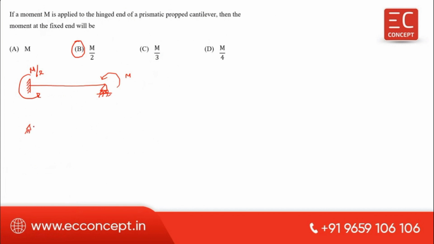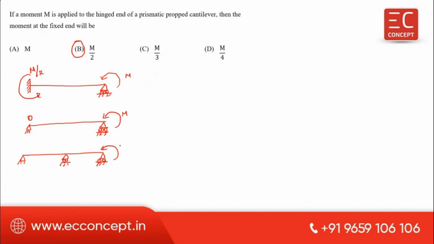Suppose you are having a beam which is simply supported. If you apply M, then no moment will be carried over at this point. Here moment is 0 because this is the simply supported end. Suppose another example, this one is a continuous beam.